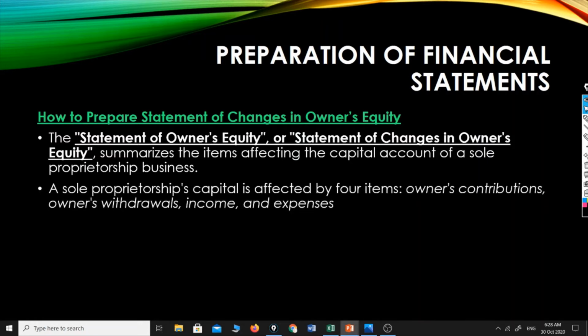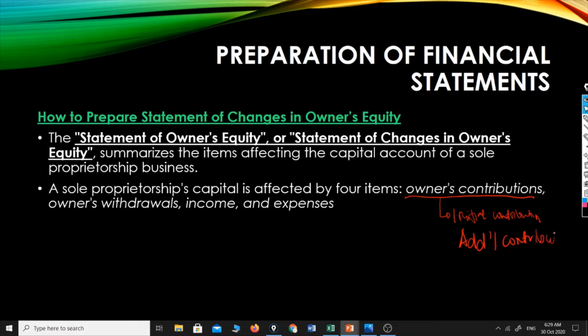So what are those transactions that could affect our capital? So we have these four items. These four items are the owner's contribution, of course. Again, this owner's contribution could be the initial contribution, and also if na ay additional contribution si owner.